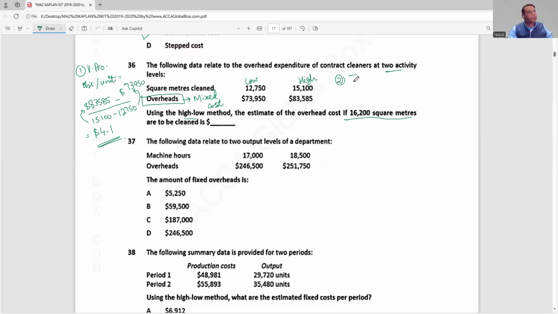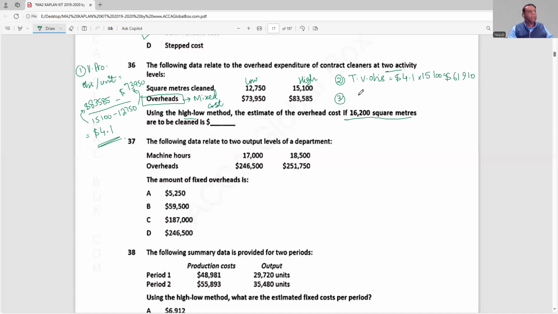In step number two, we will calculate total variable overheads, where we will multiply this 4.1 with either the highest activity level or the lowest activity level. We are going to multiply this with the highest activity level, 15,100. It is 61,910.